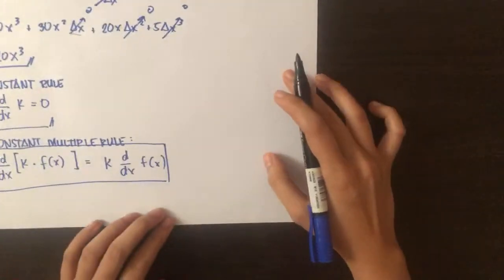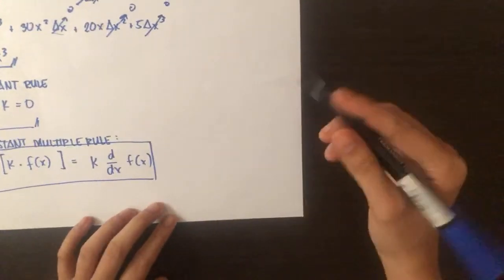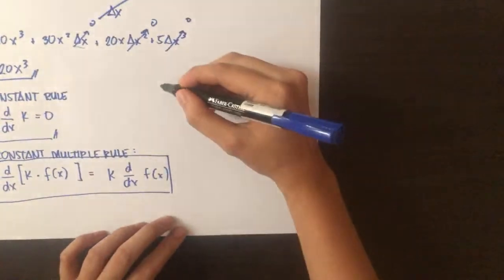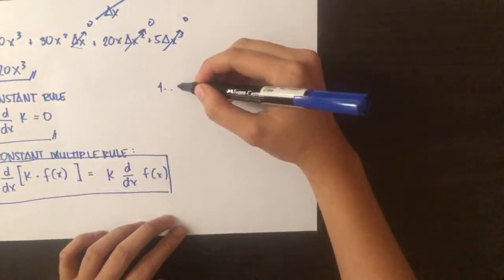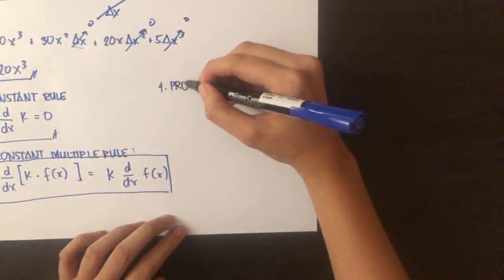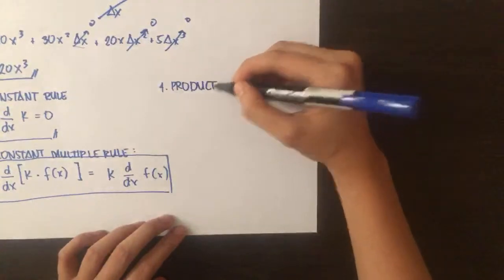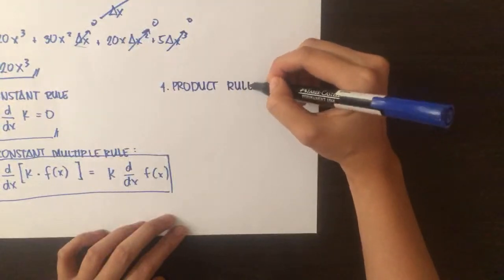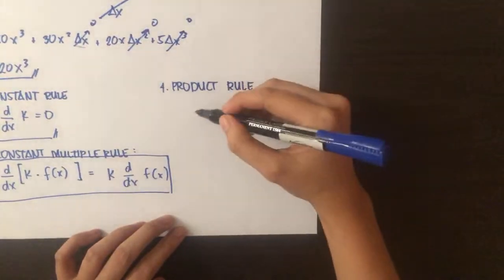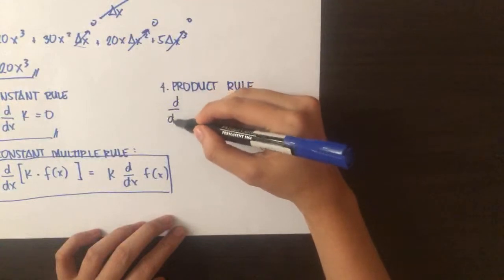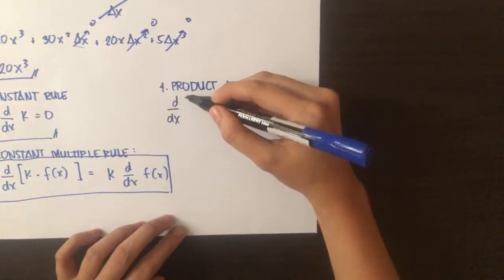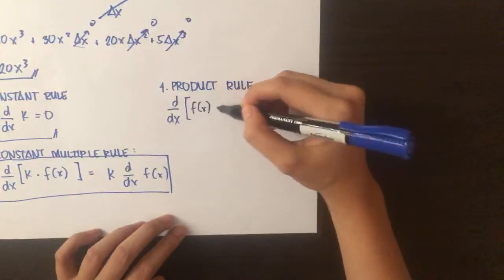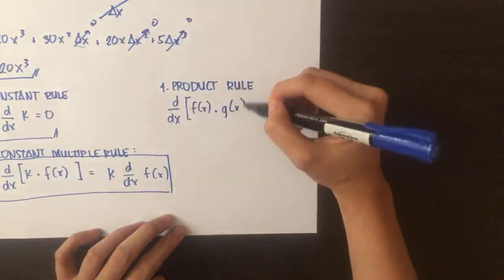And then, ito yung pinaka alam nating rule. We have the product rule. Ayan, ito ang commonly used na dalawa, product rule. And the derivative of, for example, we have function of x times the function of g.